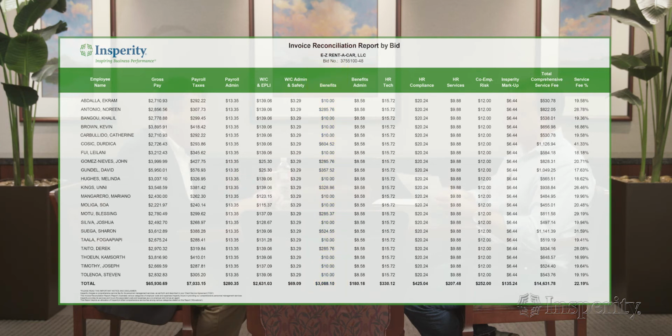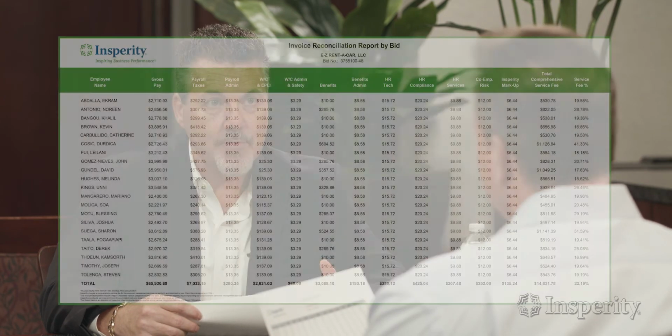And again, this is just our employer portion of those costs? This is just the employer portion of those allocated costs, yes. Now, let me ask you, for these folks that are obviously enrolled in benefits, does this amount that I see here represent the premium I'm paying for those folks? No, actually it represents an allocation that we built into your comprehensive service fee.